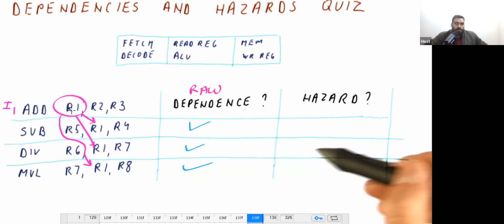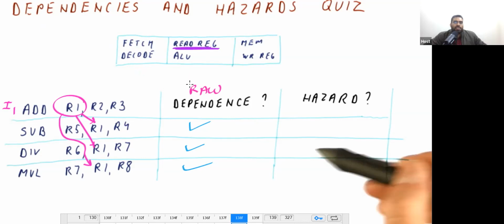When this addition is here, where is the subtraction? Focus on when you are reading the register.